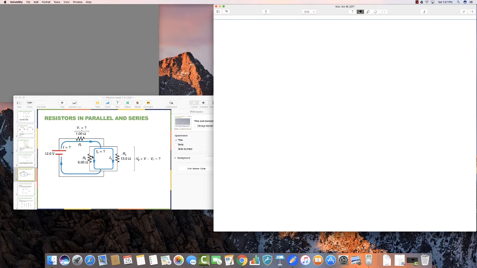First of all, I would reduce this to an equivalent. So I would call this R2,3. Now we know that 1 over R2,3 is equal to 1 over R2 plus 1 over R3.